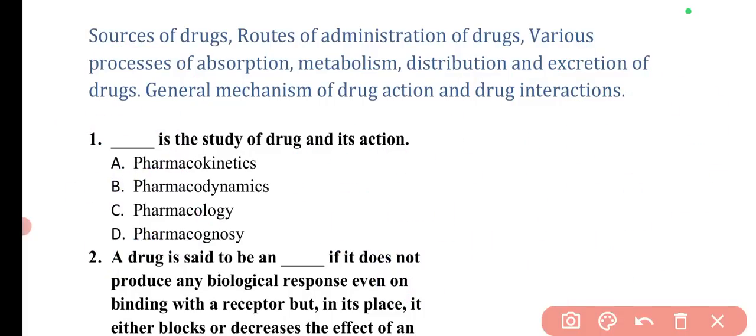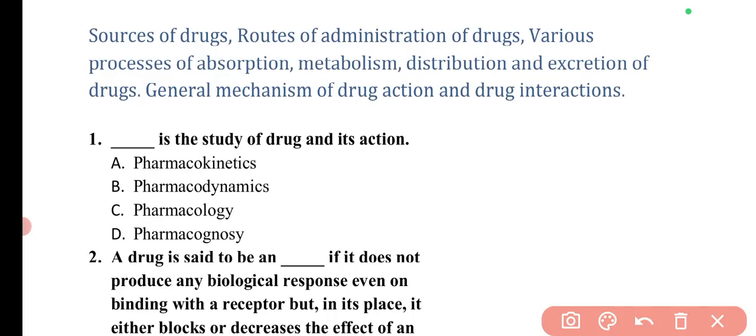So these are the basic things regarding the routes of administration. Again, there can be other things, like from where the information regarding drugs can be taken.